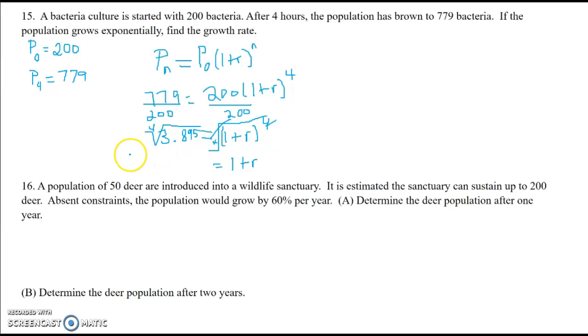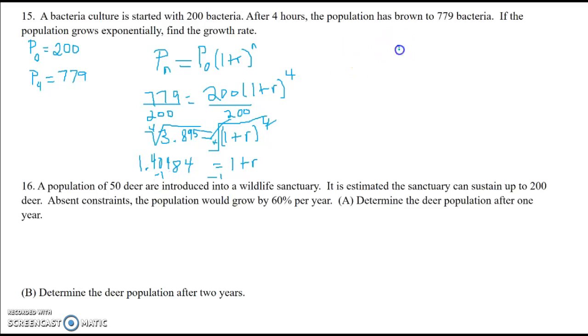So actually, when I take the 4th root of 3.895, I get 1.40484. And then I'm going to subtract 1 from that.